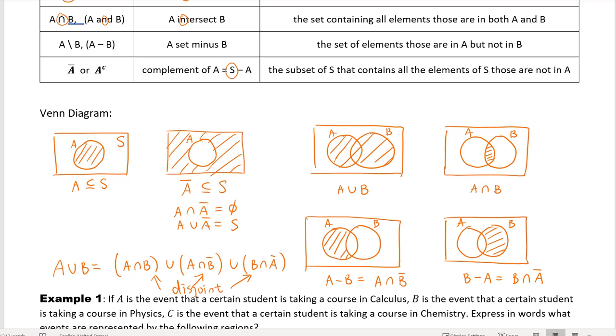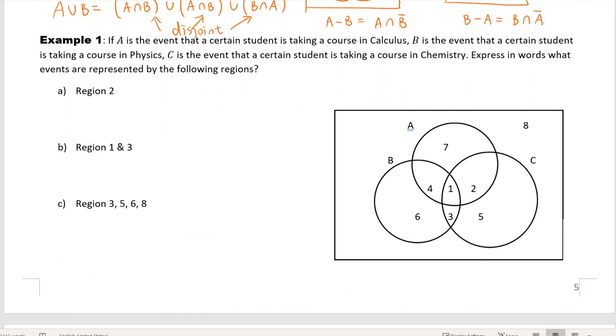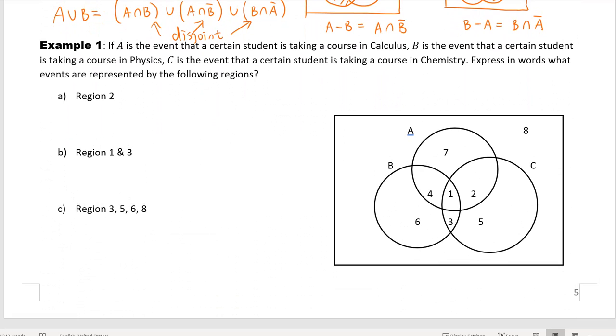Alright, let's continue. Example 1. If A is the event that a certain student is taking a course in calculus, B is the event that a certain student is taking a course in physics, and C is the event that a certain student is taking a course in chemistry. Express in words what events are represented by the following regions. Region 2. Region 2 is right here.